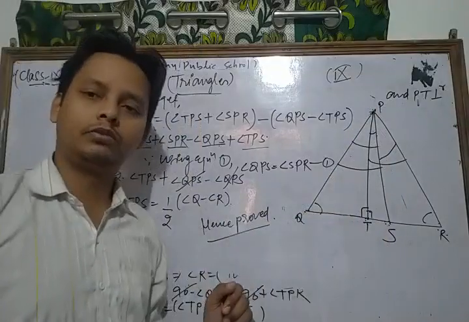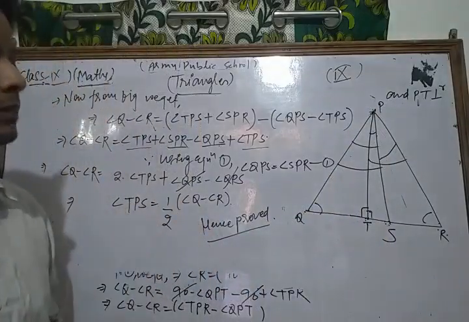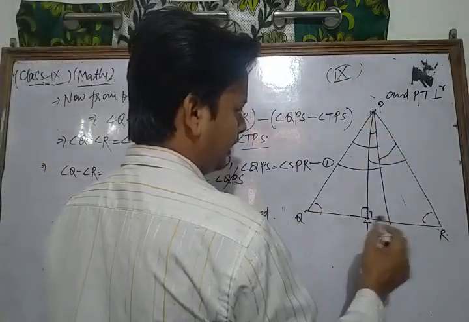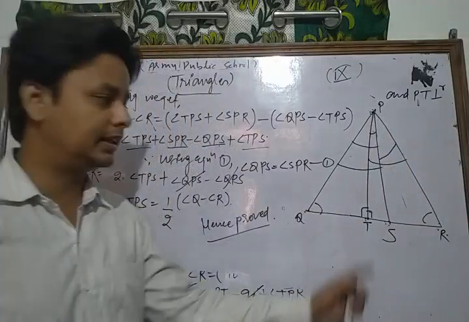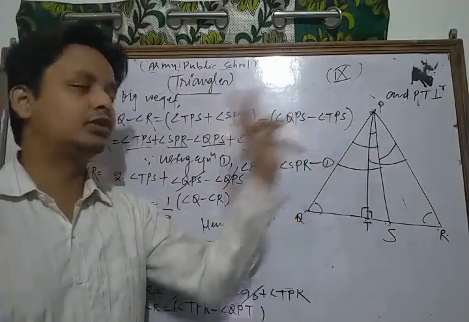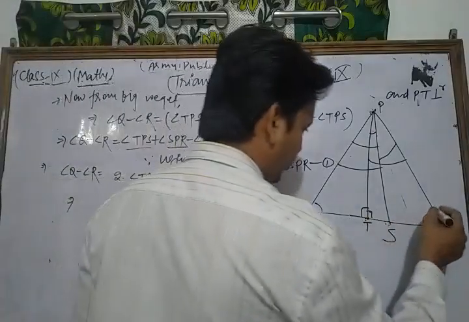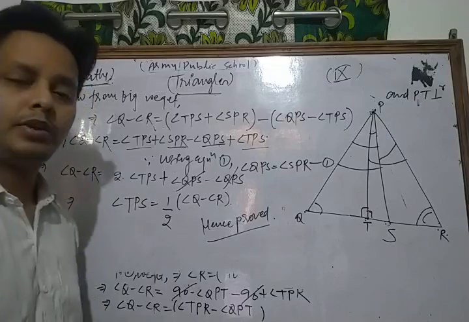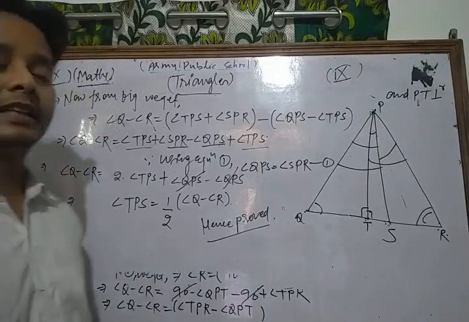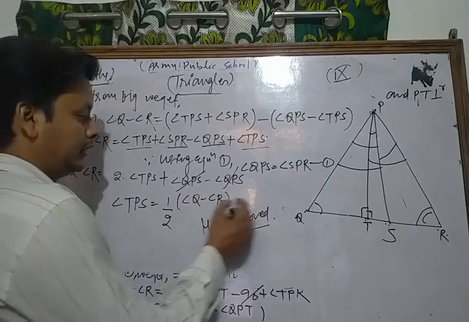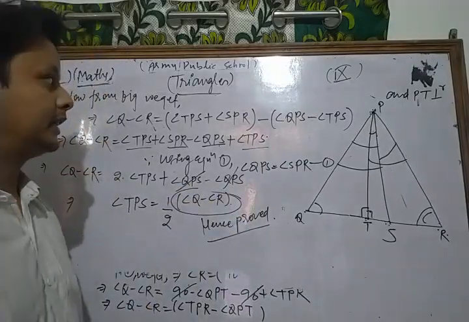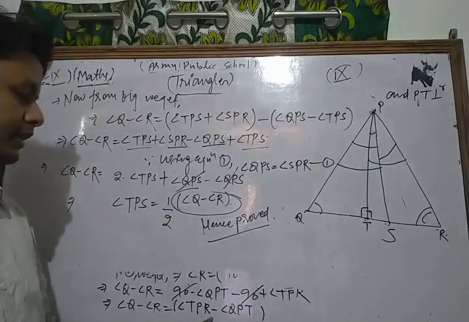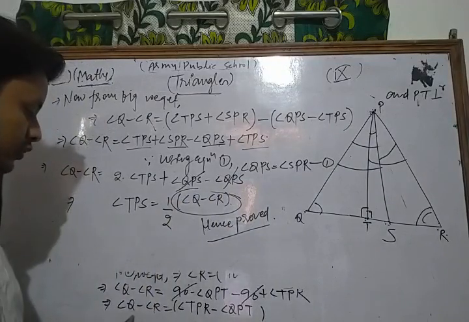In this way we find the value of angle Q. Similarly, we take angle PTR, and again we apply the angle sum property of the triangle, and hence we find the value of angle R. Now after finding the value of angle Q and angle R, we subtract them, because in our proof we require angle Q minus angle R. So we subtract them and we get the result, that is angle TPR minus angle QPT, which is equal to angle Q minus angle R.